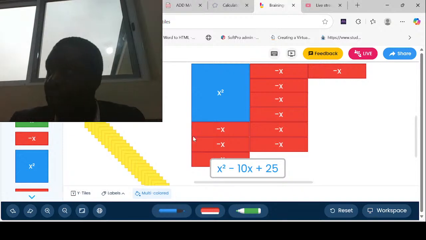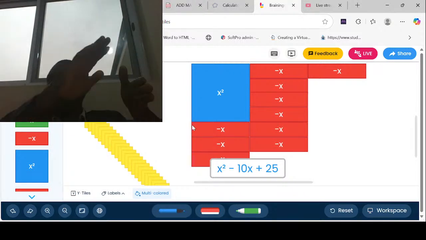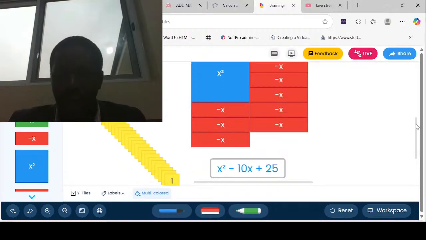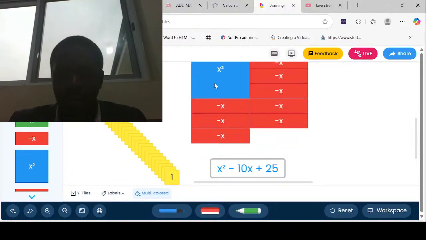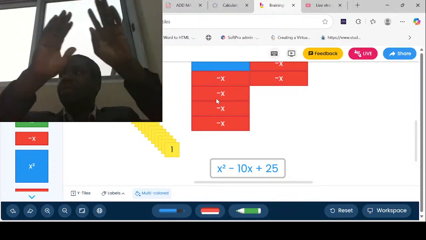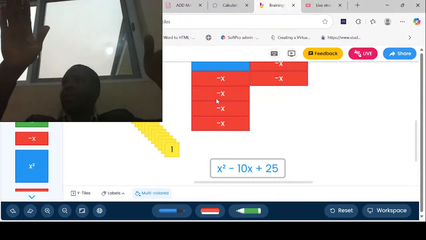I hope you know that. This red one is 1 times x. So I've not formed my square. Let me bring 1 here, because my idea is I want to make everything become a square. All this side of the red is 1, 1, but for the blue square, x, x.